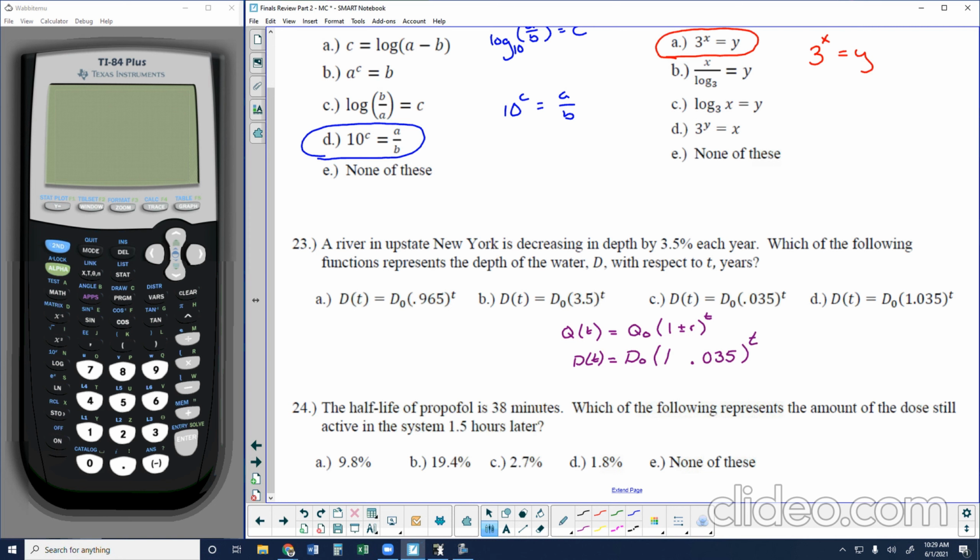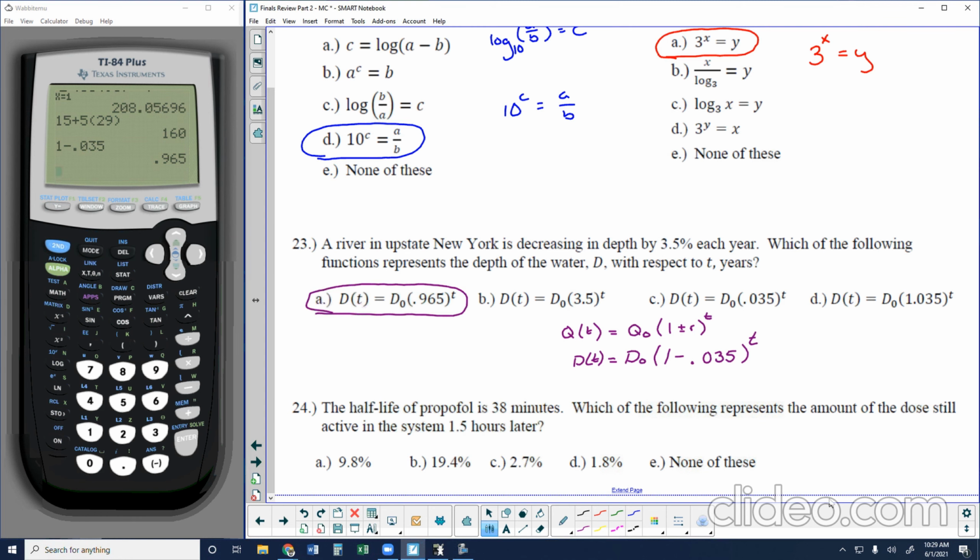And I don't know how many years, so this would be to the t power. Now remember, this water is decreasing, so I actually need to do a subtraction here. So over on my calculator, I can take 1 minus 0.035, and then I get the expression 0.965. So simplified inside the parentheses would be A. d sub 0 times 0.965 to the t power would represent a 3.5% yearly decrease.